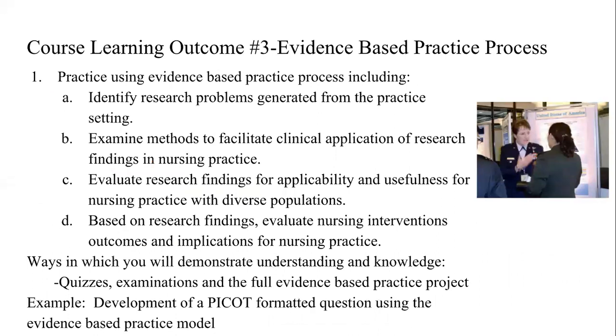In our third learning outcome, we're going to talk about evidence-based practice process, and we're going to break this down into multiple assignments. So the first thing that you'll be doing is identifying research problems that you've either encountered personally or you are interested in pursuing. The second thing is we'll examine methods to facilitate the application of that research to our own nursing practice. Third, we'll evaluate research findings for applicability and usefulness in nursing practice with a variety of populations.